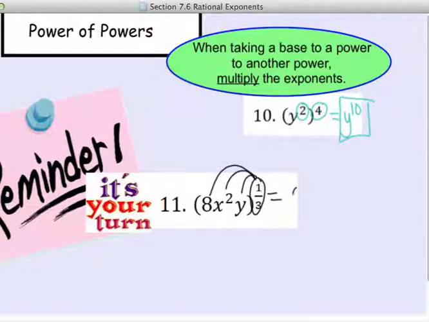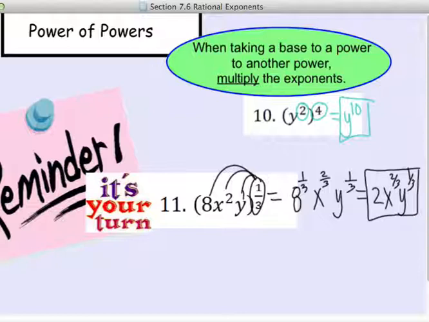So I would get 8 to the 1/3. X, well, 2 times 1/3 is 2/3. Y, 1 times 1/3 is 1/3. And I know 8 to the 1/3 is the same thing as having the cubed root of 8, which is 2. So I have 2, x to the 2/3, y to the 1/3. And that would be my final answer.